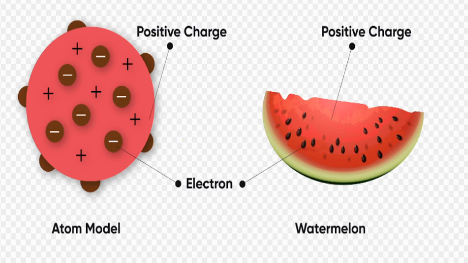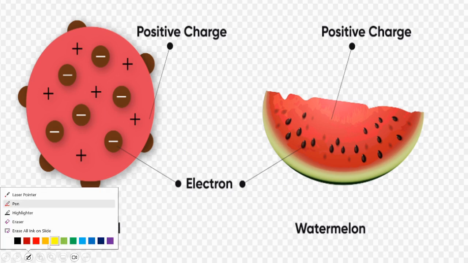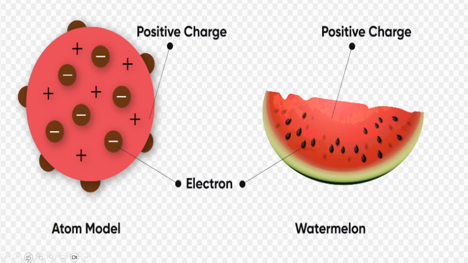If we cut a watermelon, you can see inside the watermelon, the black seeds are placed inside the red portion. The black seeds have some specific or fixed positions inside the watermelon. Just like the positions of the black seeds inside the watermelon, in J.J. Thomson's atomic model, the electrons get some fixed positions.